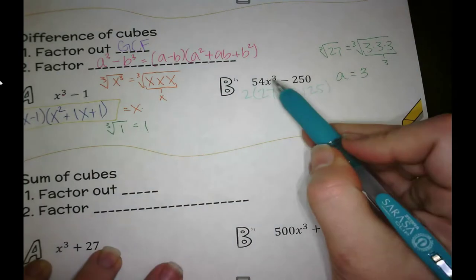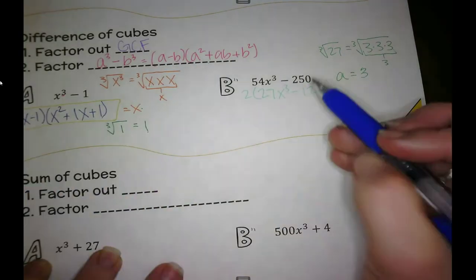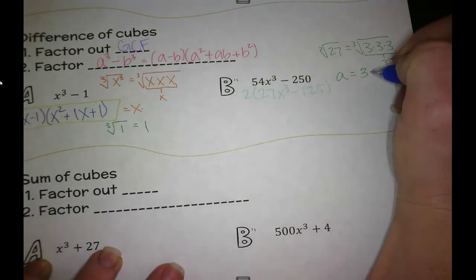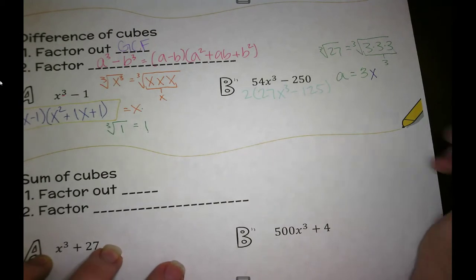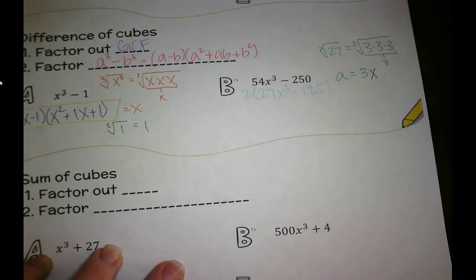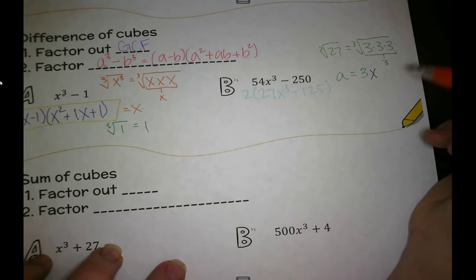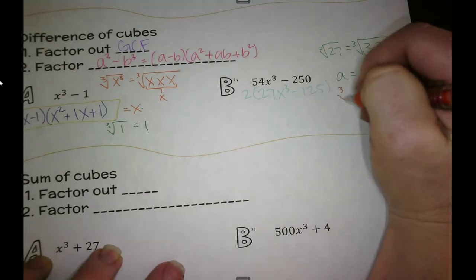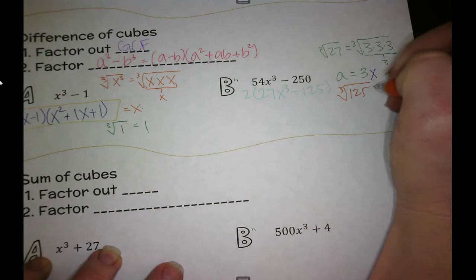We know that x cubed, the cube root of that is x. So our a is going to be 3x. Our a in these instances are always going to have an x. Okay, now let's take the cube root of 125.